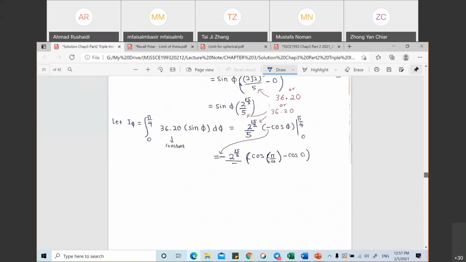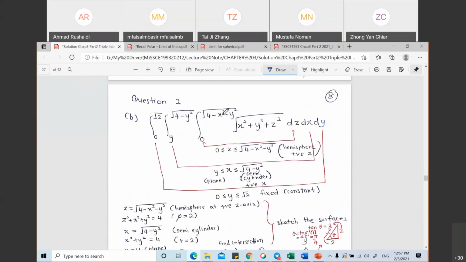So, 2b. Okay, this is your limit. So this is again a sphere with radius 2. And then this is a cylinder, positive cylinder, but it is only positive x. And this is the plane, y equals x. Okay? And then you have y equals 0 and square root 2, fixed constant.